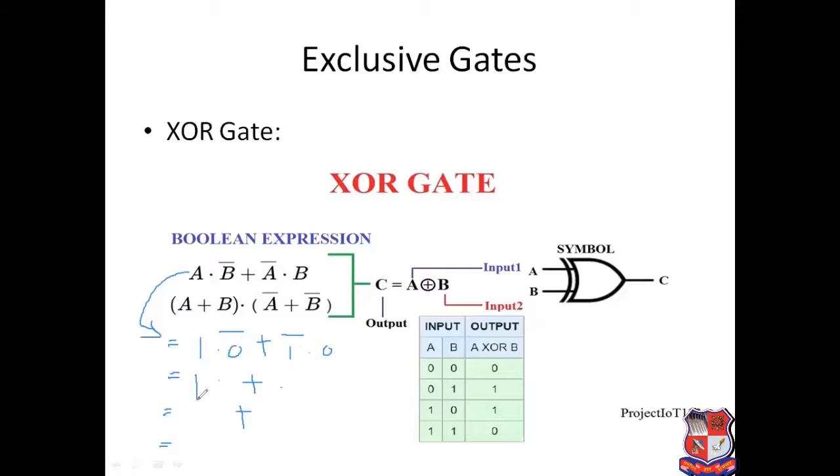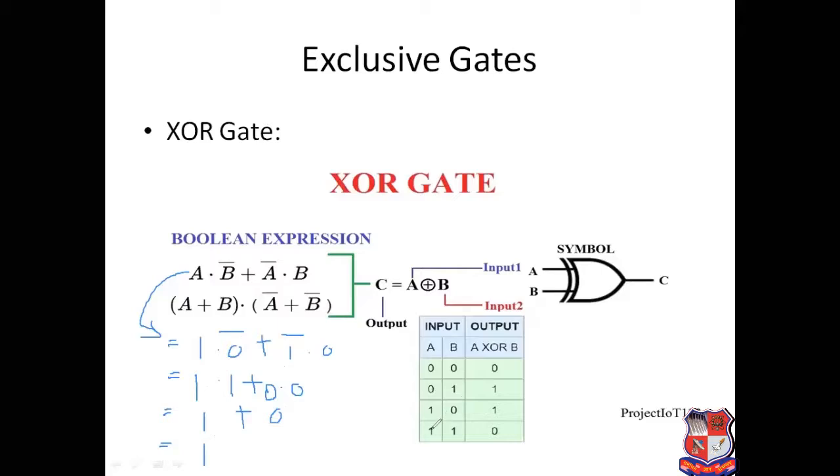So 1 as it is, 0 bar is again 1, 1 bar is 0, and 0 as it is 0. So here you can say that 1 into 1 is 1 and 0 into 0 is 0. So 1 plus 0 is 1. So here you will get for 1 0 the output 1.